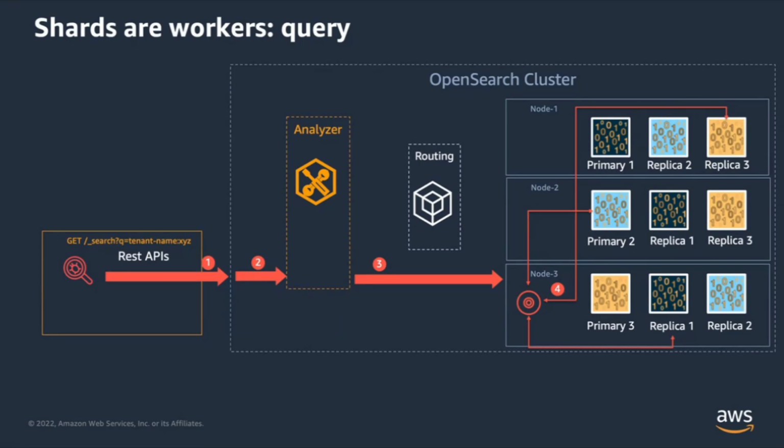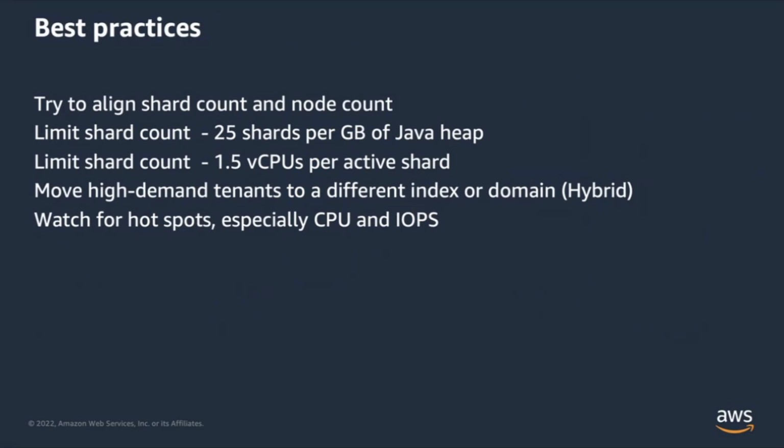So when you look at the different models of tenancy, bear in mind what is active at any given moment and how that multiplies out across the different nodes in the cluster. And of course, the coordinator node will send out the response once all of the shards respond. So again, keeping this in mind, number one, you want to try to align your shard count and node count.